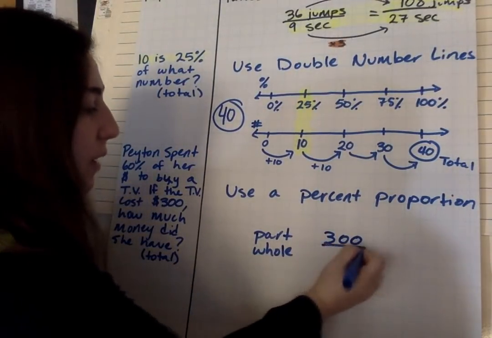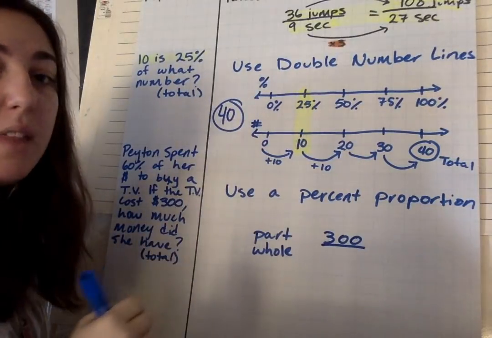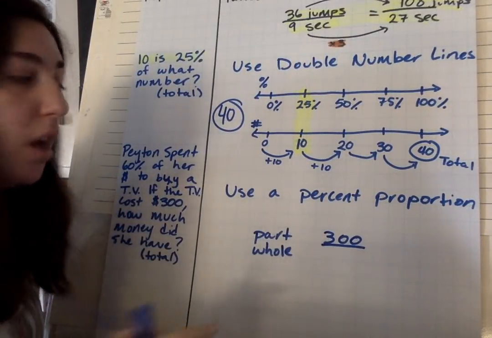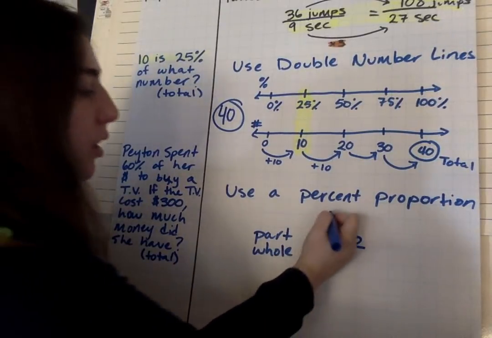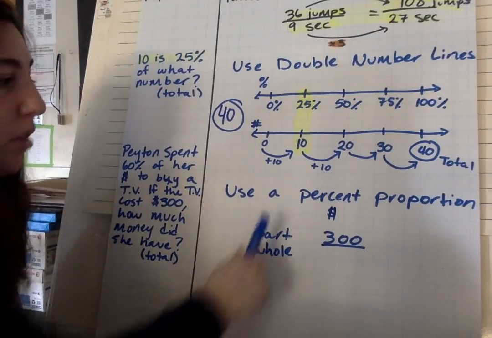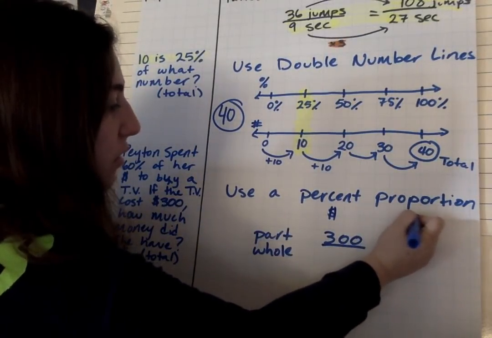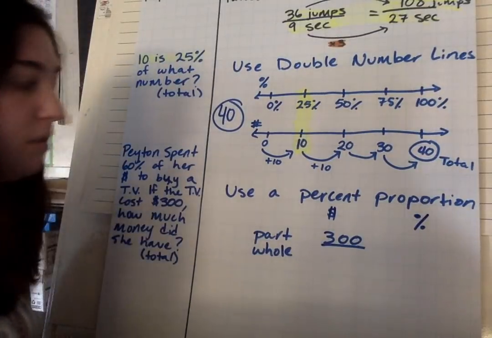Alright, so we're going to set up two ratios. Remember from our problem up there that we need two equivalent ratios. So this is going to be our first ratio. It's going to be on money. Okay, and we're using a percent proportion. So that means our other ratio is going to be on percent.